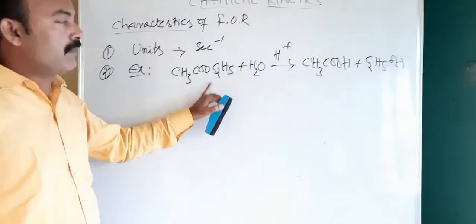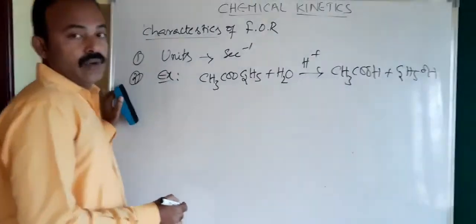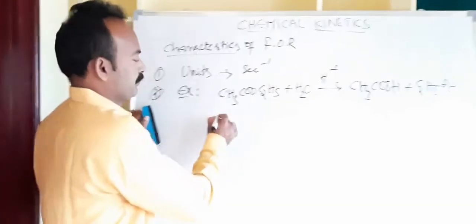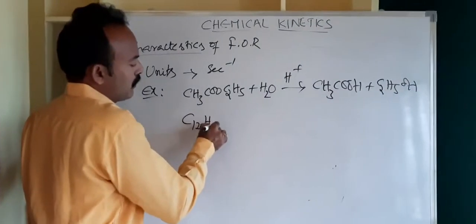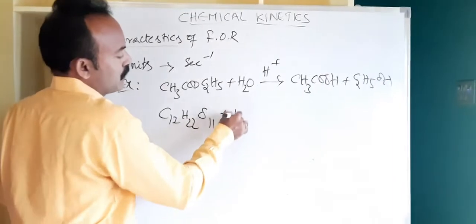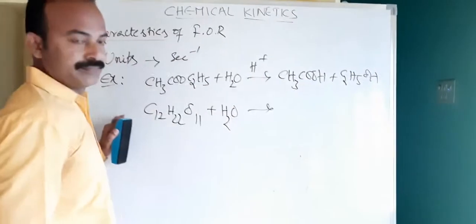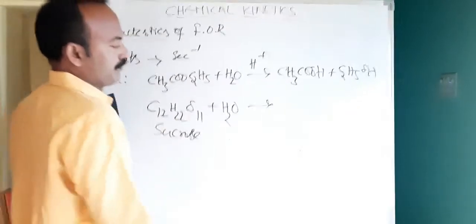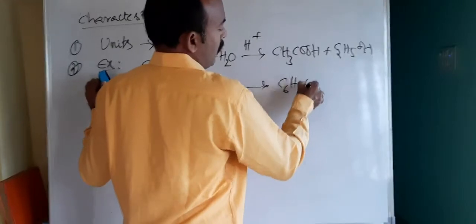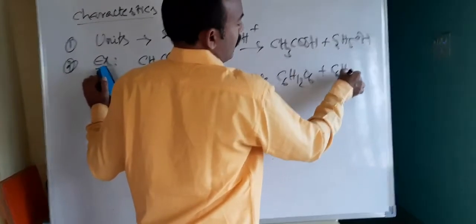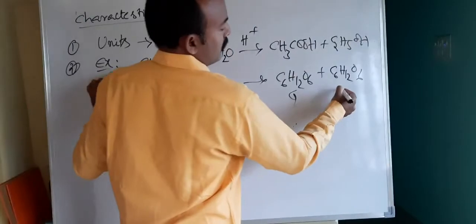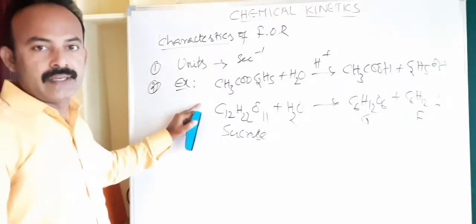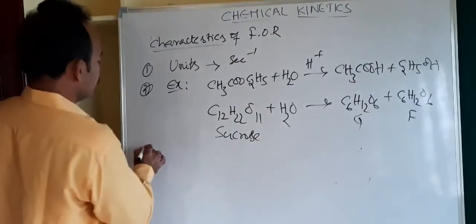And also hydrolysis of sucrose is a first order reaction: sucrose, C12H22O11, plus H2O gives C6H12O6 plus C6H12O6, which are glucose and fructose. These two reactions are first order reactions.